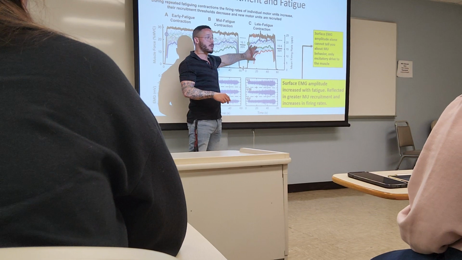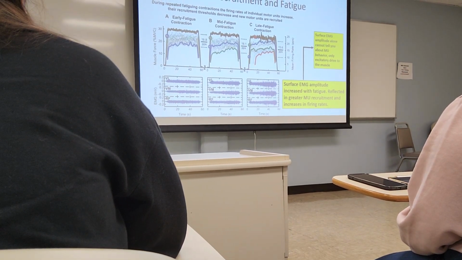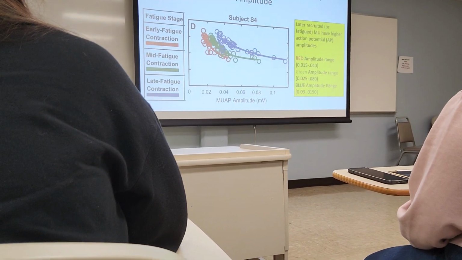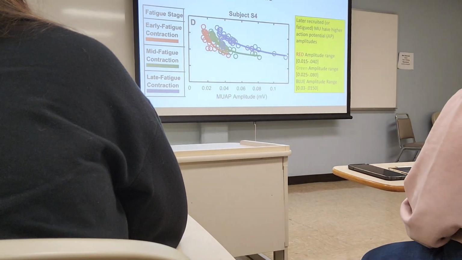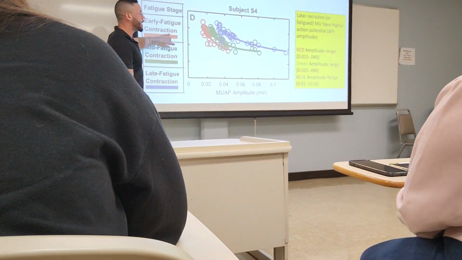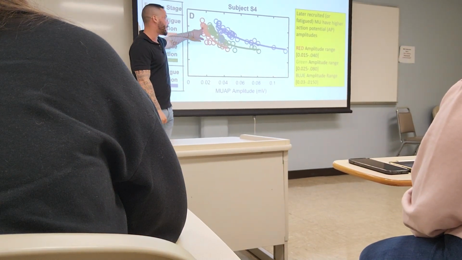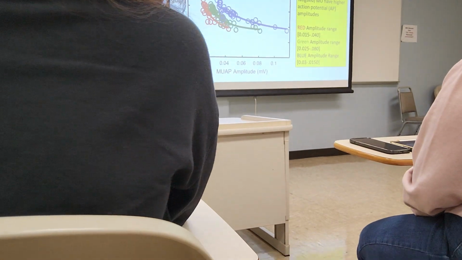But we do see that as we start to fatigue, we behave a little bit differently with the recruitment strategies. And one thing that's important here, we talk about action potential amplitude. The motor units that were turned on early in that set when there was no fatigue, notice how those motor units had very small action potential amplitudes. The action potential amplitude kind of looks like this, right? Small amplitude, large amplitude. So the motor units that were turned on early in contraction had small amplitudes.